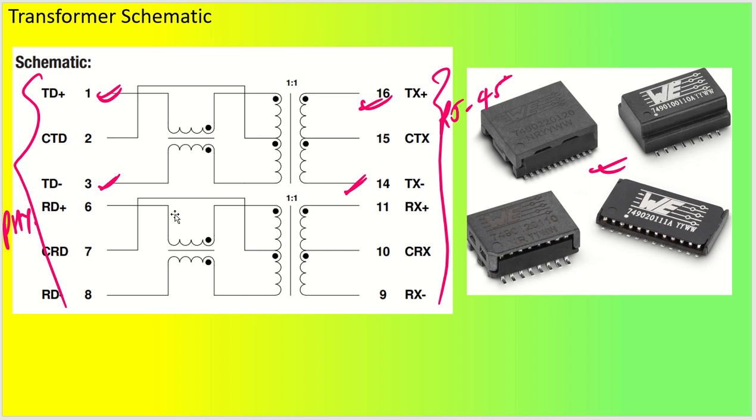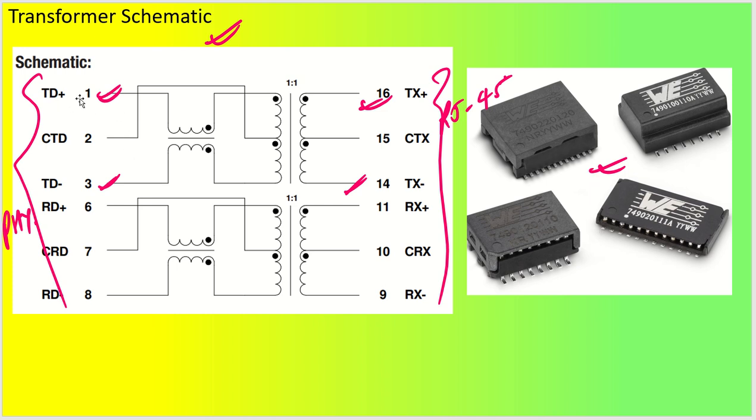As you can see, this is how my transformer schematic looks. We have the TD plus line and TD minus line, and the beauty these days is that these transformers are made specifically for network connection to RJ45 connectors, and are arranged in this fashion. You can see lots of pictures of transformer schematics.